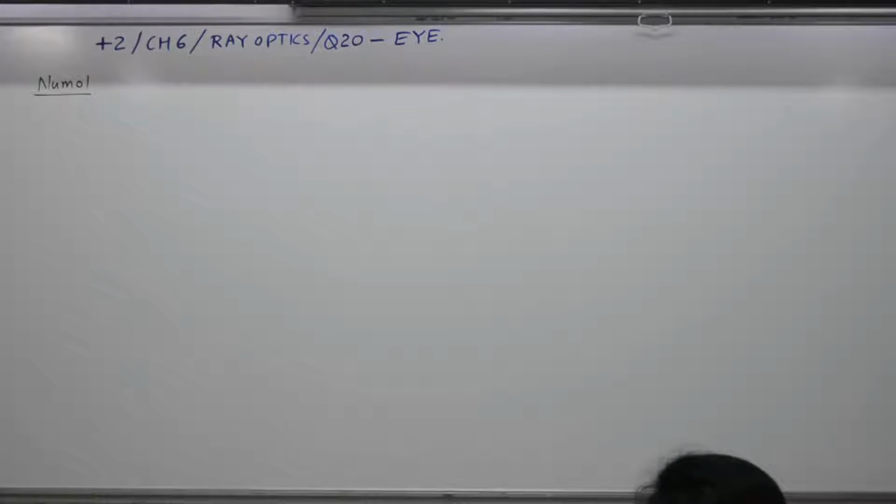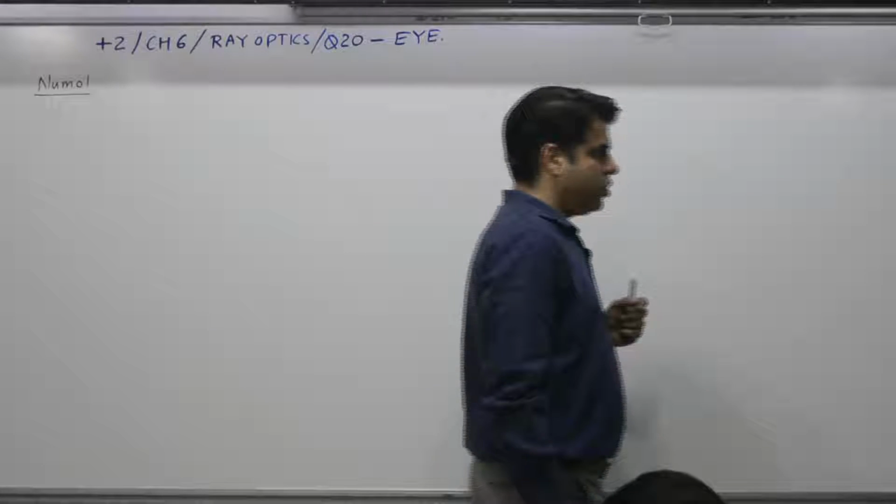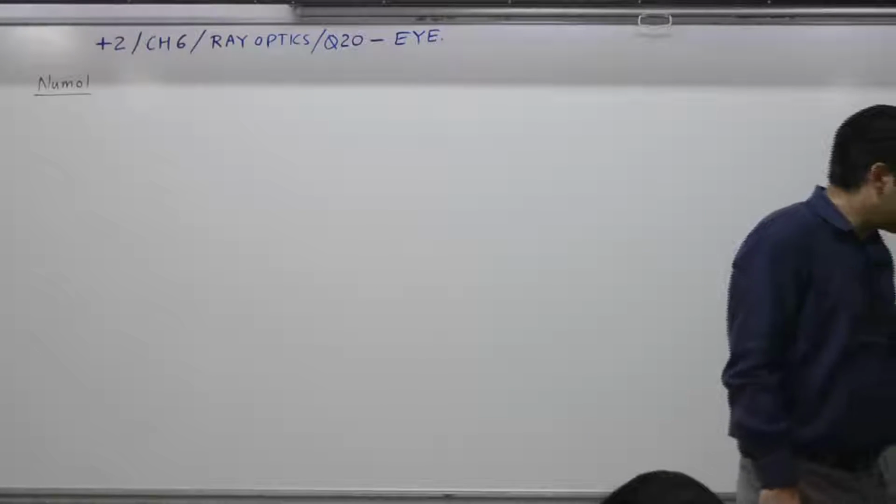Numerical number 1: a short-sighted person cannot see clearly beyond 2 meters. Calculate the power of the lens required to correct his eye to normal vision. So draw a diagram for normal, and draw a diagram for this person also.